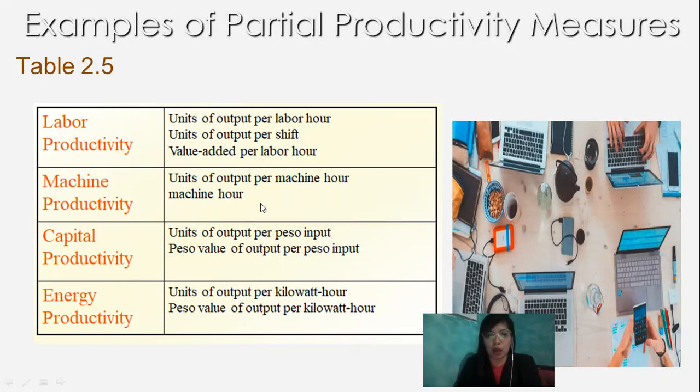Capital productivity is units of output per peso input, and peso value of output per peso input. For energy productivity, we have units of output per kilowatt hour, and peso value of output per kilowatt hour.